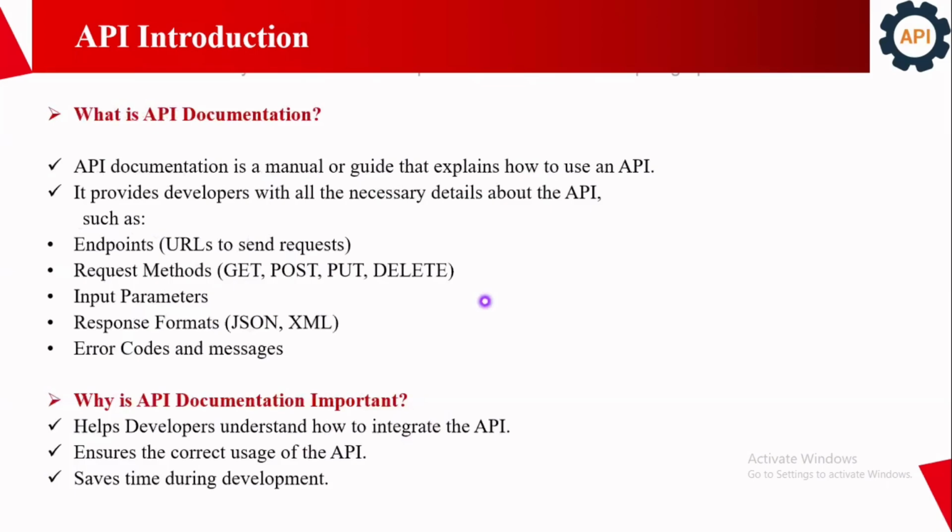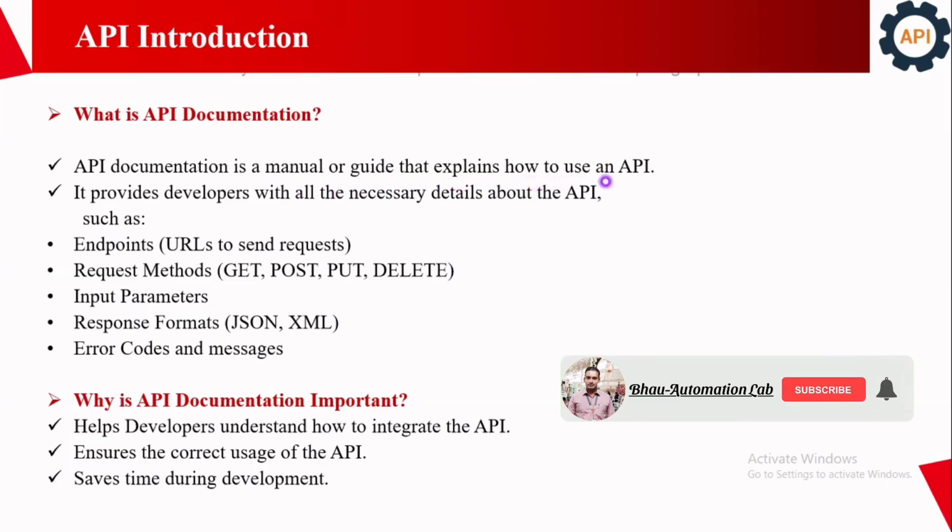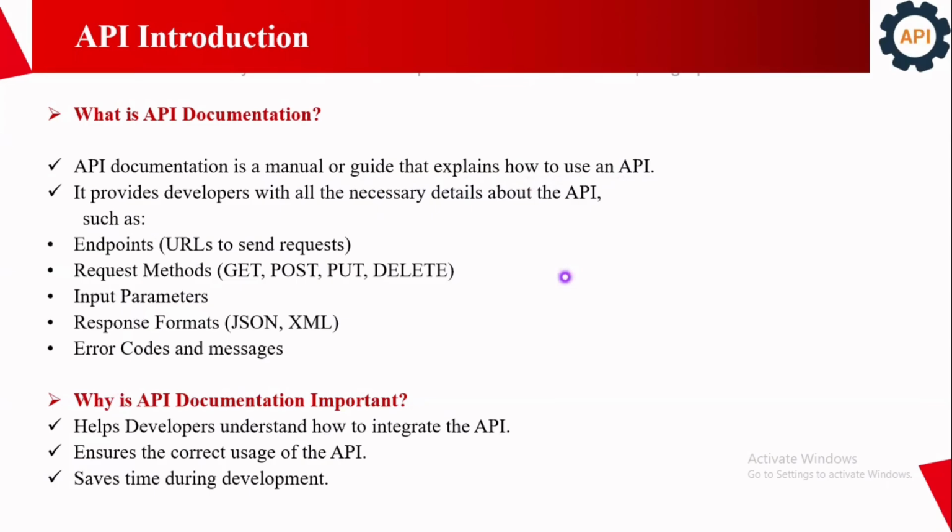So why is this API documentation required? Because API documentation is a manual guide that explains how to use that API. For example, let's say thousands of developers are working in the same company, and someone develops an API, and someone who is not aware of that API wants to use it.